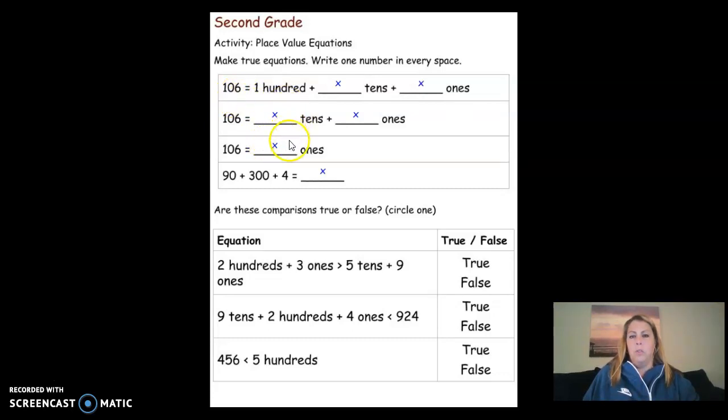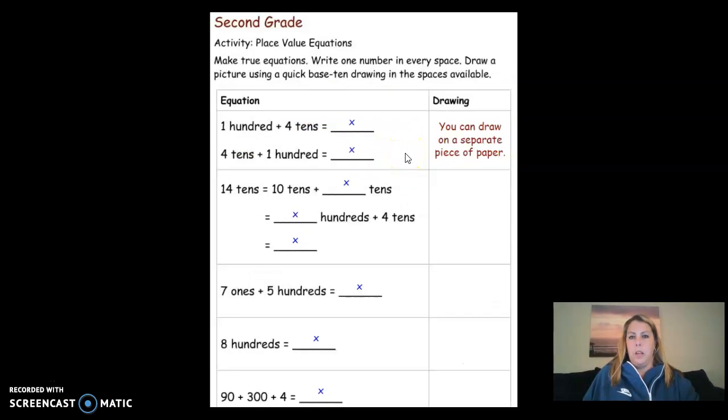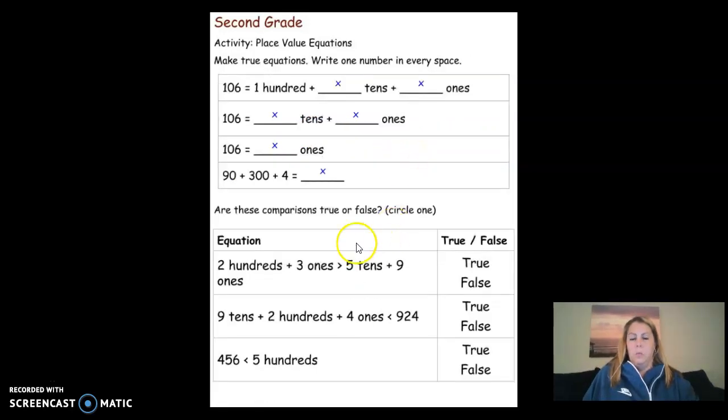Okay, so you're going to go through and do these, and you just need to make sure you take a look to see what they're asking you for each one. And then we're going to go down to this section, okay? And it says 2 hundreds plus 3 ones is greater than, that little arrow, remember, like the alligator chomp, okay?